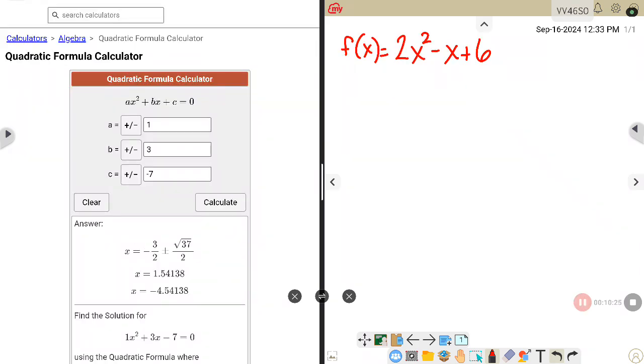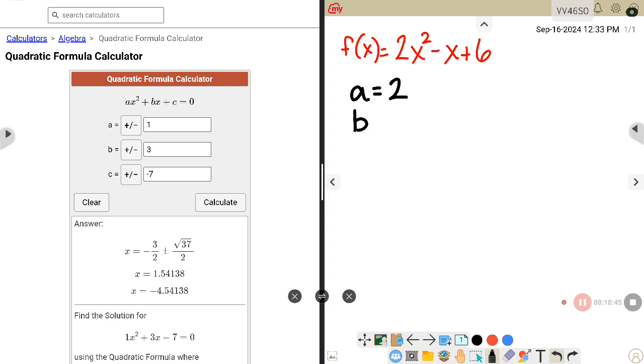All right, let's try one more of these, and then I'll show you what you might see in MyMathLab and how to enter your answers. So f of x equals 2x squared minus x plus 6. So my a will be 2.